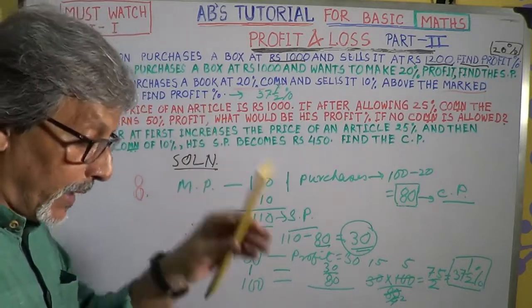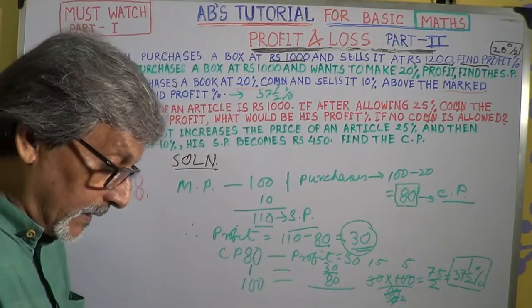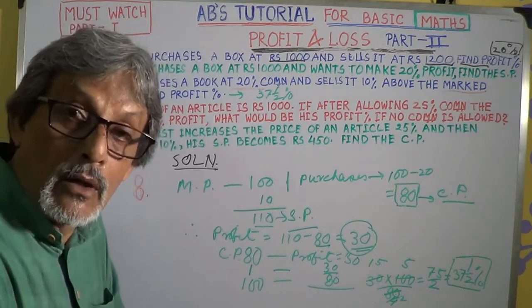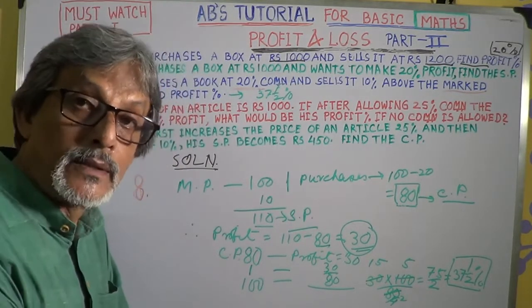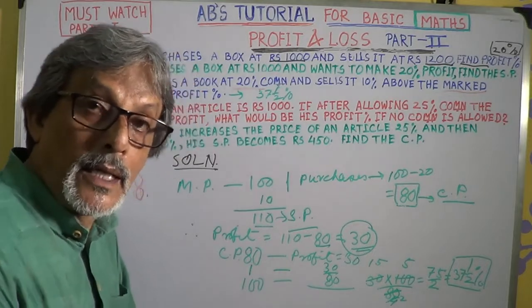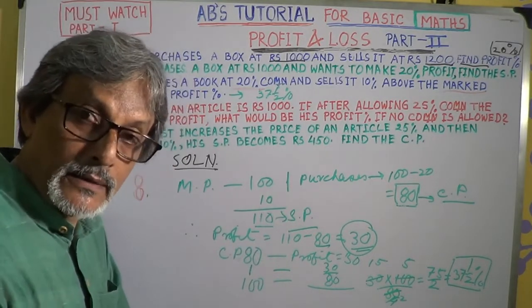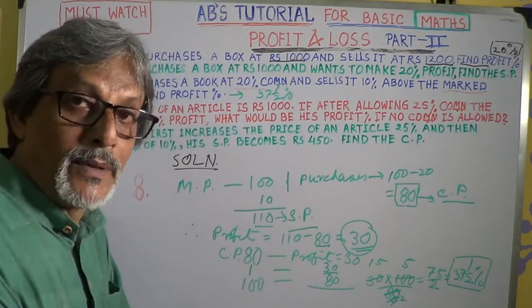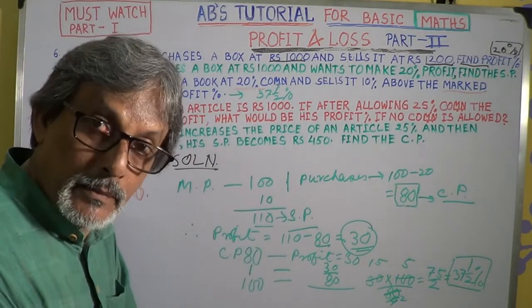So in case of marked price, we always consider that this is not the selling price. The name is marked price. This means this is above the selling price. After allowing a commission, the seller is allowing and the purchaser is getting. So the SP occurs.